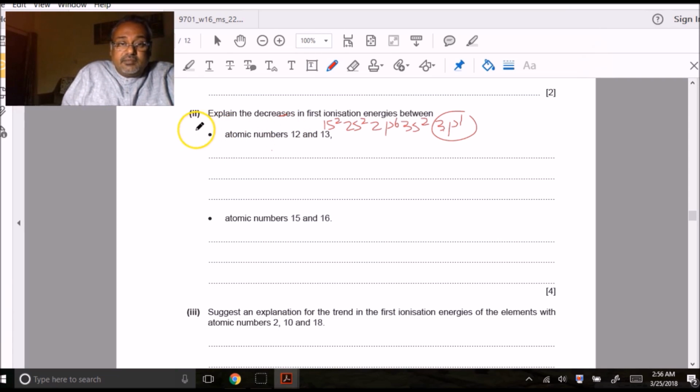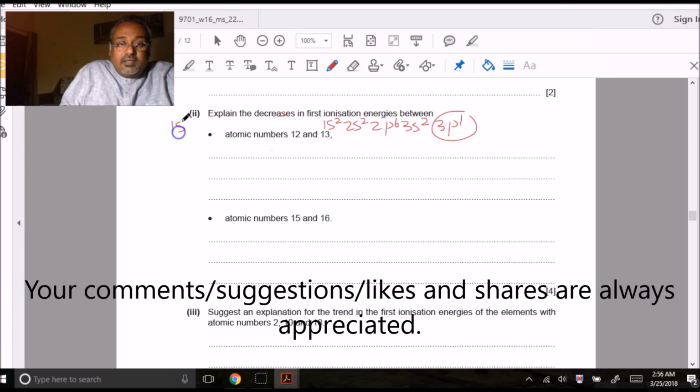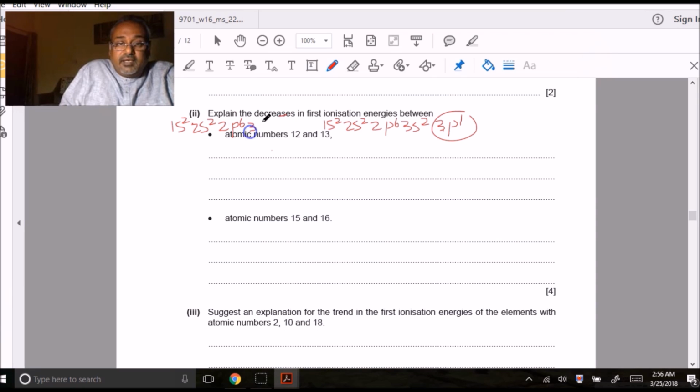And if you look at magnesium, it comes out to be 1s2, 2s2, 2p6, and 3s2. So that's the electron distribution for magnesium. Now clearly you see that aluminium, if you count the subshells, 1, 2, 3, 4, 5, and this one has 1, 2, 3, 4.